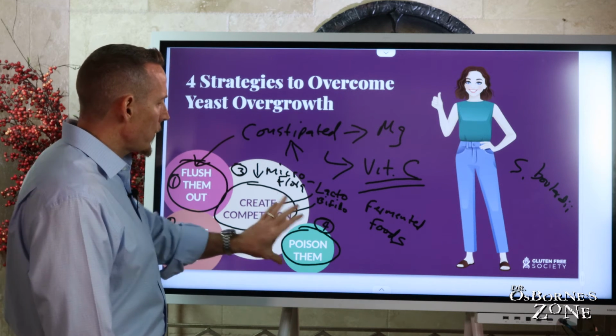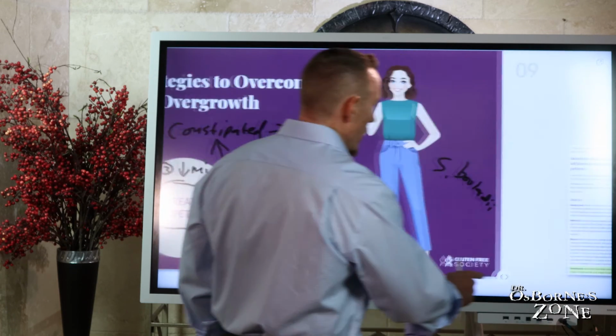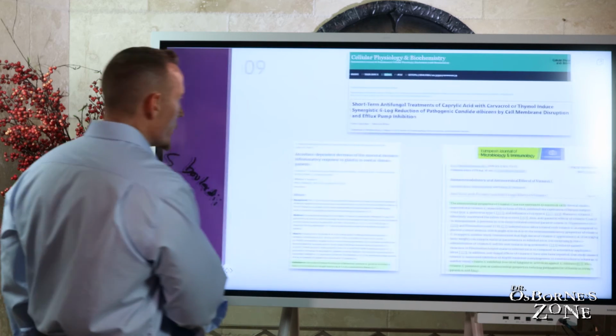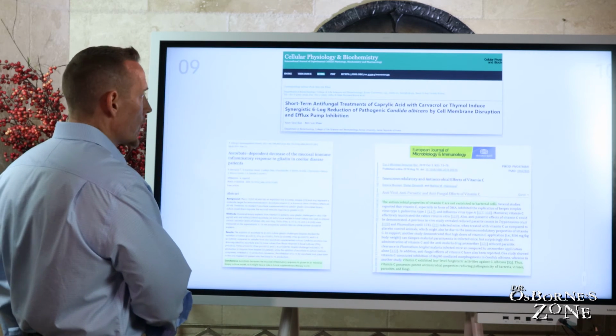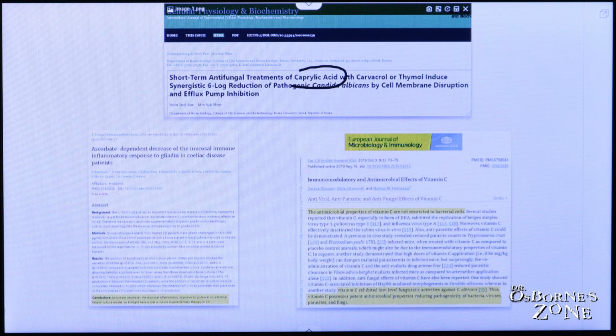This can be done if you visit with your doctor. A lot of times, they'll write you a prescription for an antifungal. There are natural things that you can get in your diet that actually have antifungal properties as well. One of them is caprylic acid, a substance typically derived from coconut.